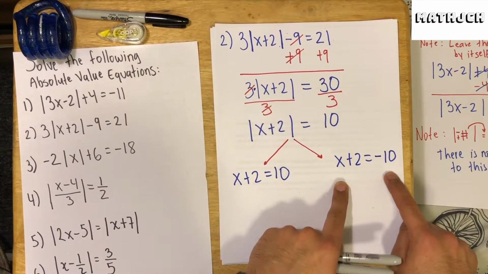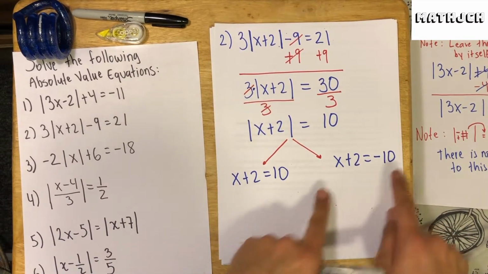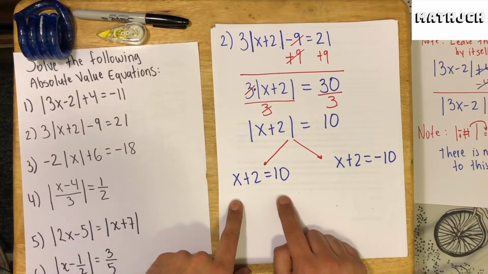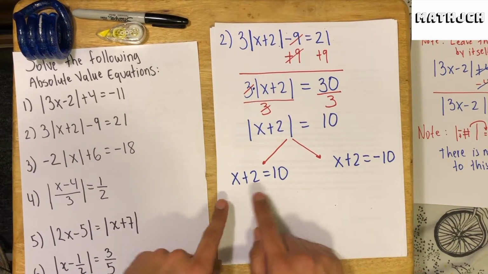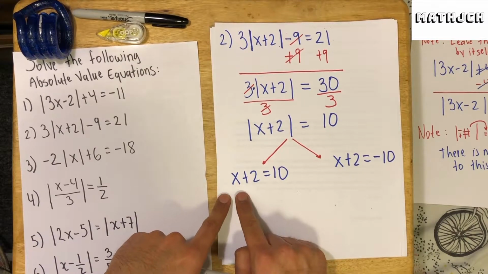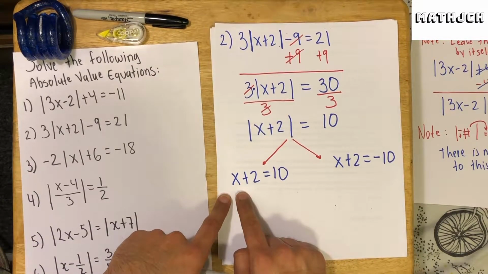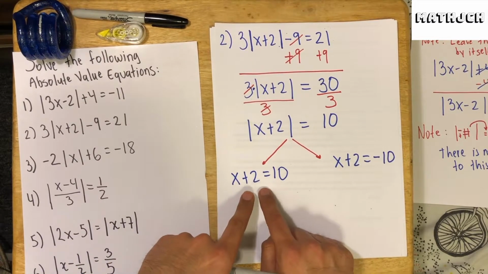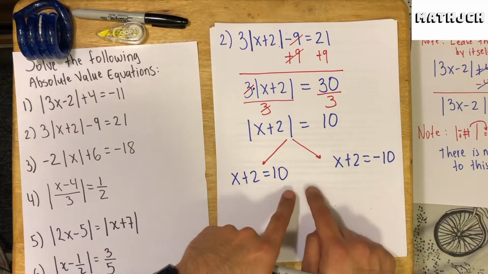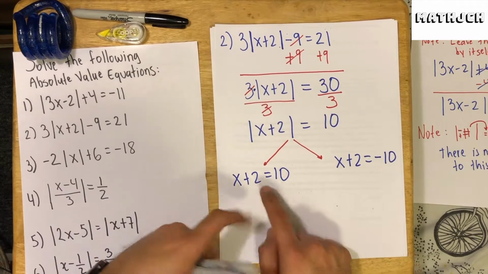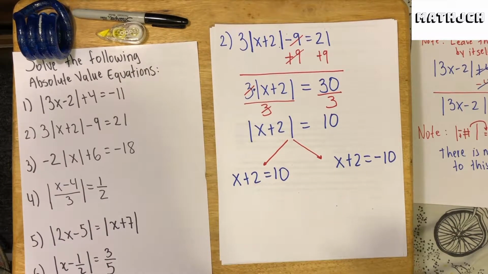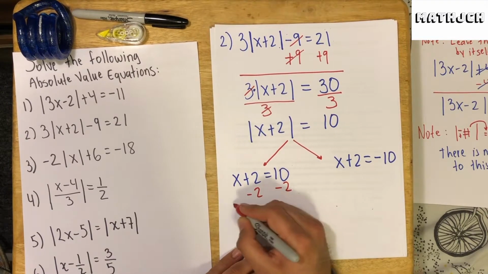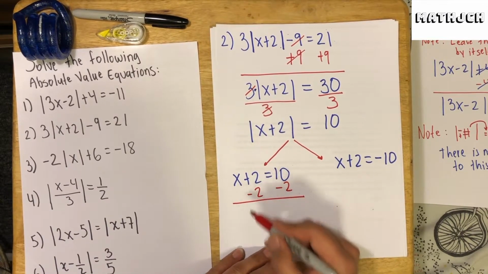The next step is to solve for x in each case. So for case number 1, we have x plus 2 equals 10. So we need to solve for x, meaning leave the x by itself in the left side. Therefore, I need to move the 2 onto the other side. It is adding, right? So we have to subtract 2 from both sides, which is the opposite.